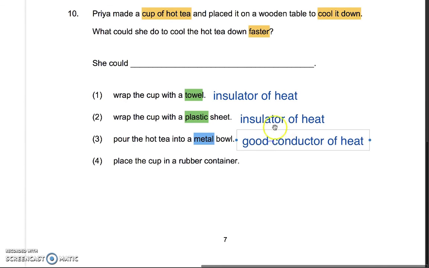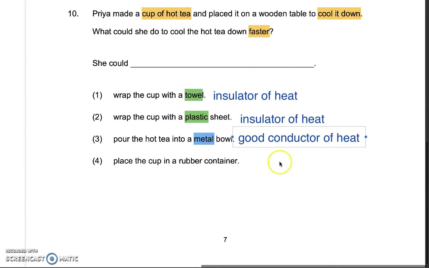Alright, so because metal is a good conductor of heat, it will allow heat to pass through it easily. So if you pour the tea into the metal bowl, the heat is going to pass through the metal bowl very quickly, and the metal bowl is at the same time going to lose the heat to the surroundings very quickly. So therefore, this is the correct answer. Okay, but let's look at number 4 to be sure.